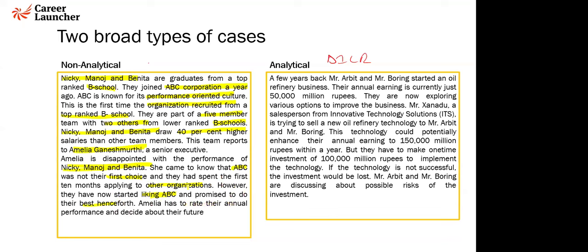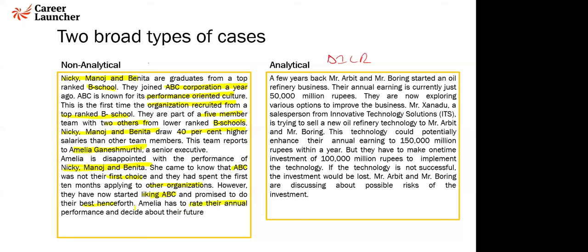Now, look at this. This is kind of a situation which you will encounter in your workplace. Many times these are almost real life situations, and these are typically the problems you face when you're in a job. The challenge which Amelia is facing is a challenge which many of you would face when you get into your workplace.